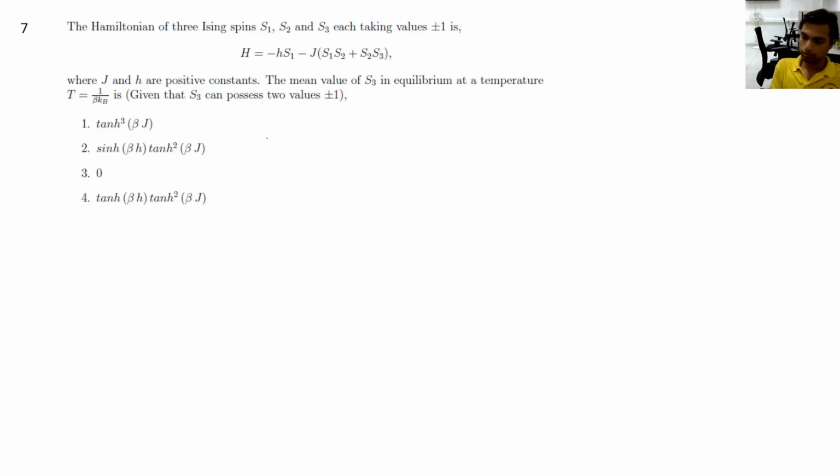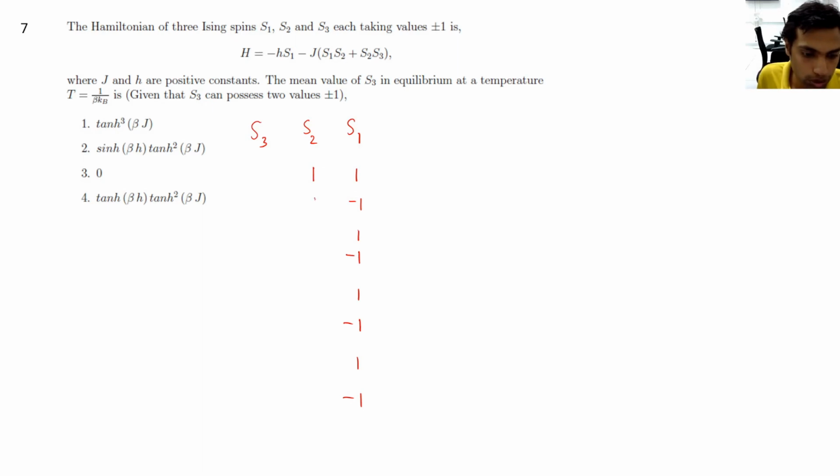So we'll enumerate all the values of S1, S2, S3. Okay, so this will be 1, 1, minus 1, 1, minus 1, 1, minus 1, 1, minus 1. So it is 1, 2, 3, 4, 5, 6, 7, 8. 8 values are there.